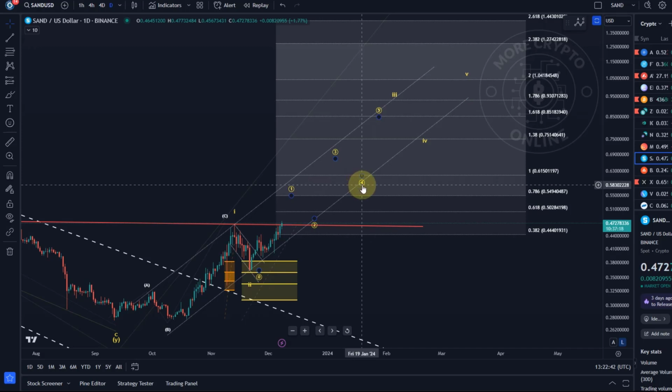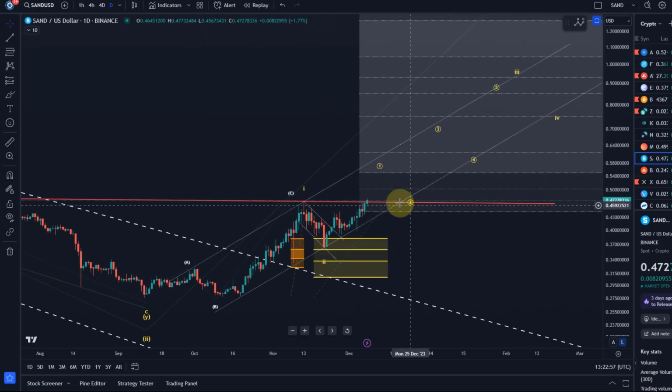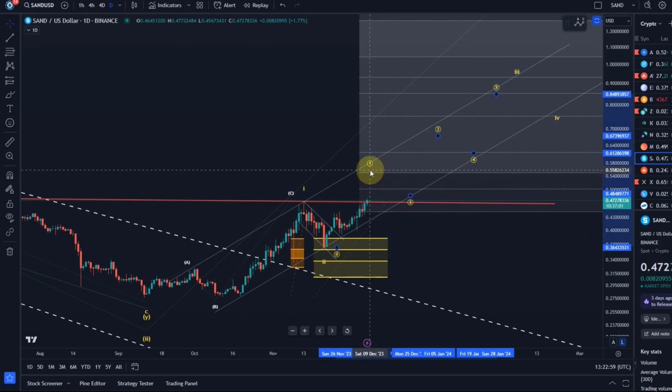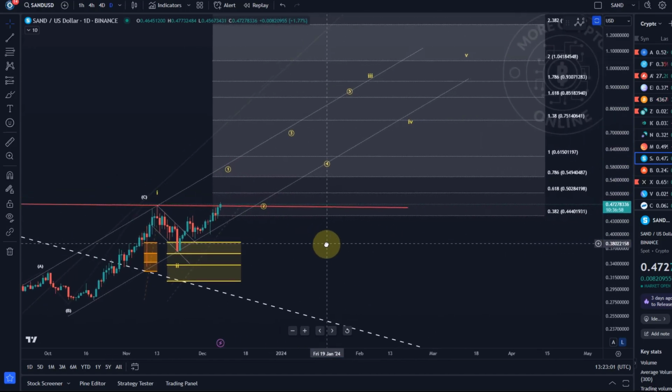The wave 1 of the larger degree third wave typically would find a top in the region between the 61.8 to the 78.6 extension, so between 50.3 and 55 cents. I'm definitely going to watch for a top there in circle wave 1, but that doesn't mean a top has to show.